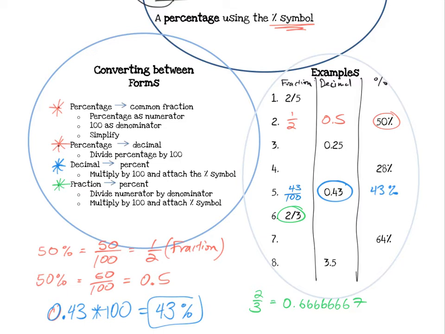Once we have that, we will multiply by 100, right? If you have a decimal, when you divide, you'll get a decimal. Decimal to a percent, you just multiply by 100. For the purposes of this video, we will go out 2 decimal places and round. So 66.67%.